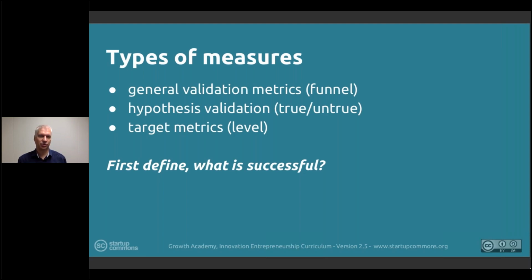So it's a very simple true or untrue, and the learnings from that. And then the target metrics. So are we making progress? Are we hitting certain conversion rates? Are we getting this type of response to our messages, and so forth? So these are the types of measures.